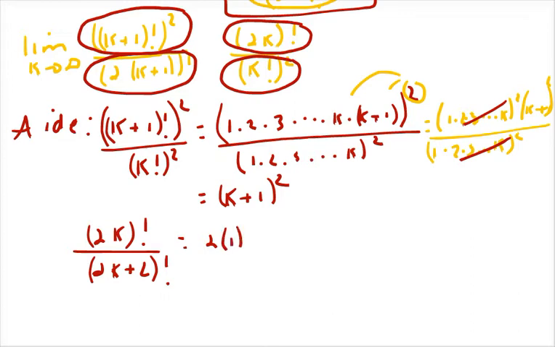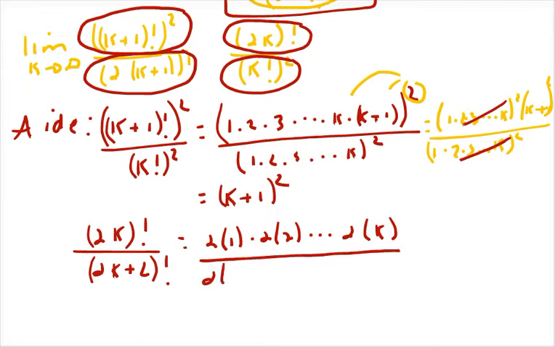So this is 2 times 1 times 2 times 2, times 2 times k. That's what that numerator says, 2k factorial, divided by (2k plus 2) factorial. So that's 2 times 1 times 2 times 2. What I did here was just distribute in the 2.